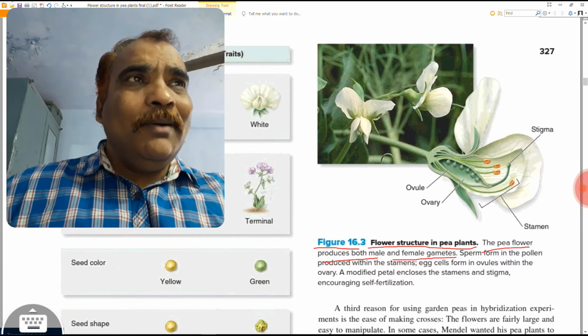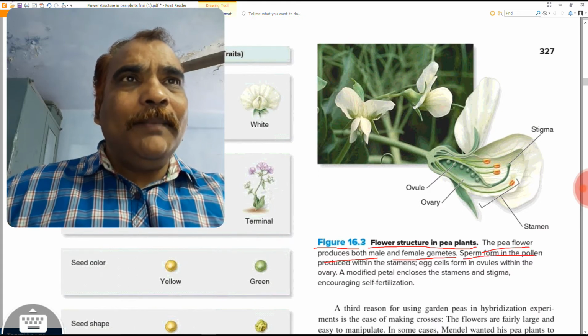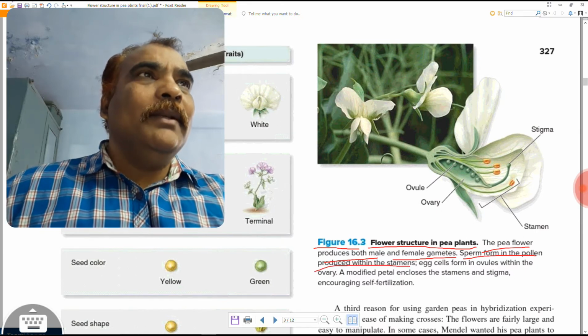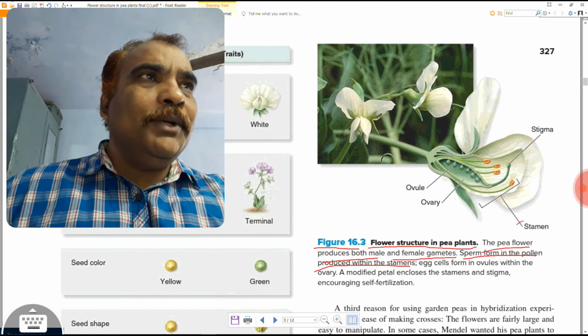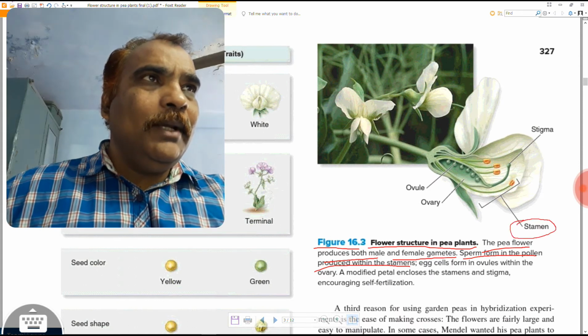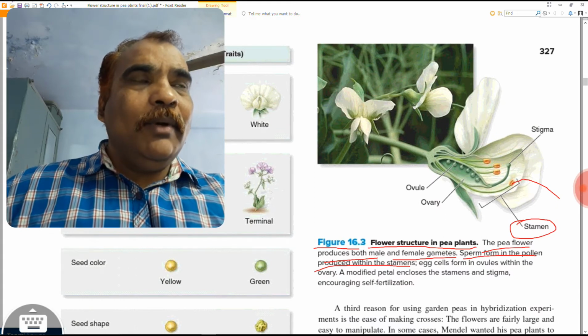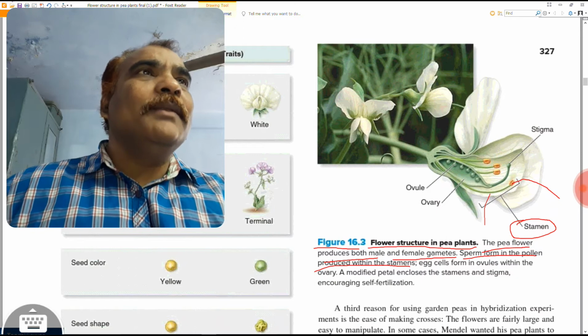Now the sperms are formed in the pollen produced within the stamen. Here they are showing the stamen, and this one is the anther in which the pollen grains are produced, and this one is the filament.